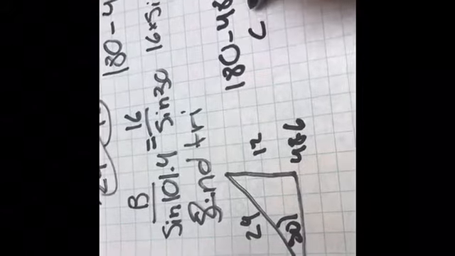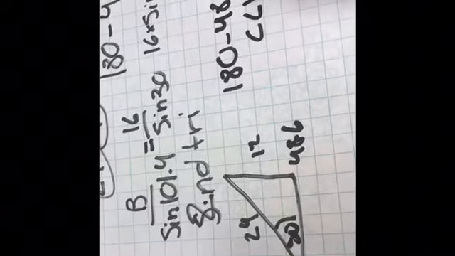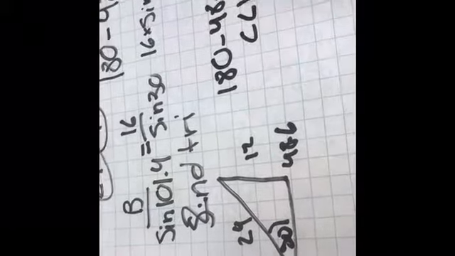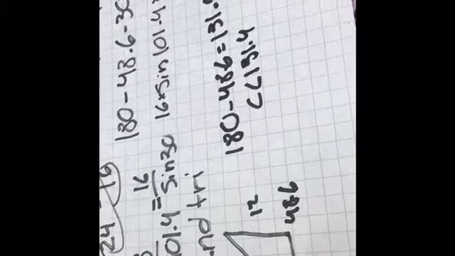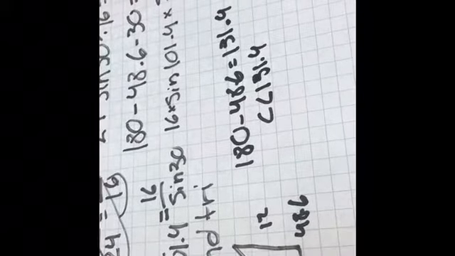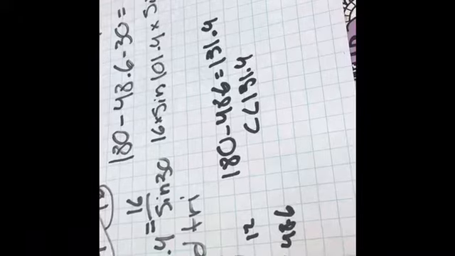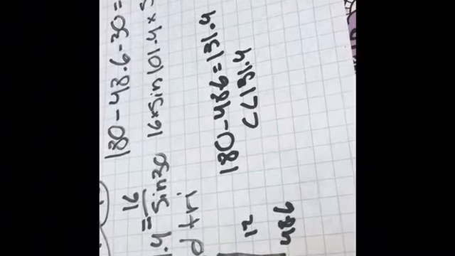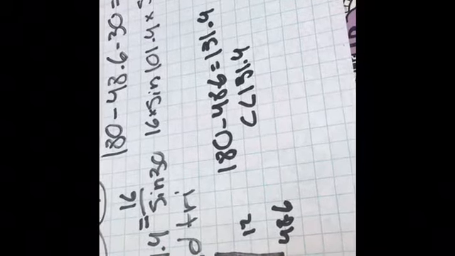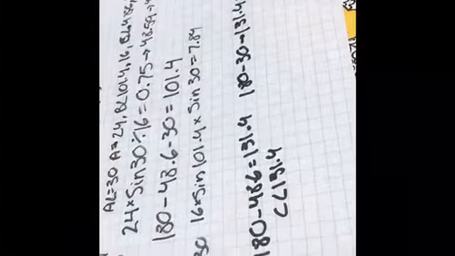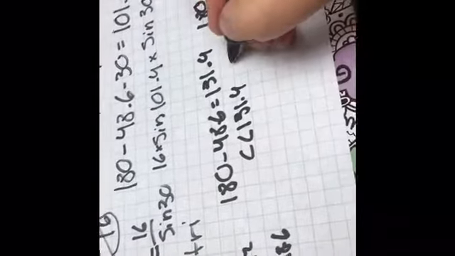So we know the C angle for this one is 131.4. Next thing we have to do is take our 180, minus the 30, minus the 131.4, and that shows us that our B angle is 18.6.